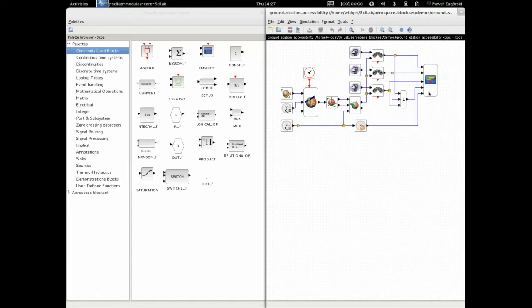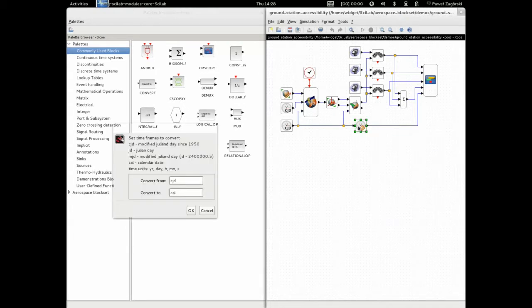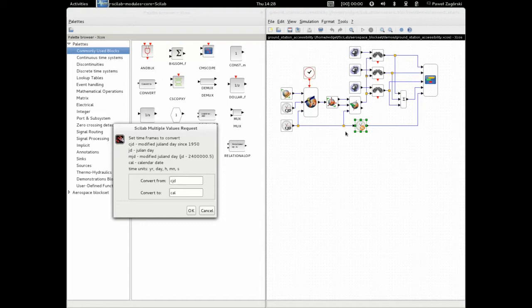The plot visibility block also has another input, which is always the lowest of the inputs, and it accepts time. As you can see, time is not fed directly from the main simulation plot, but it goes through a time frame conversion block.